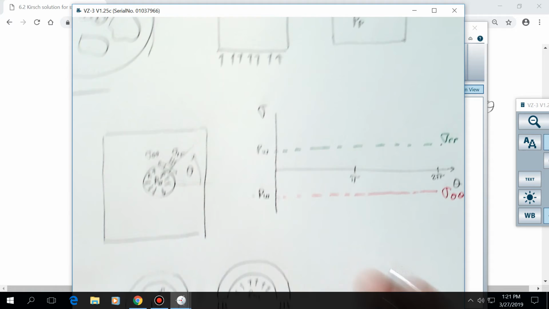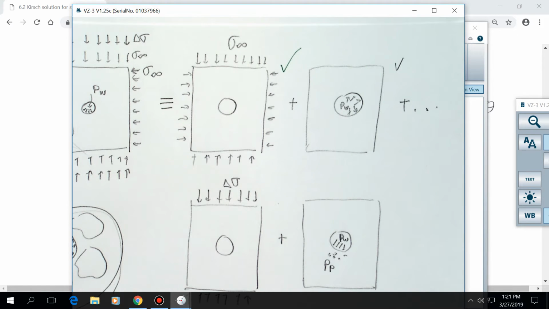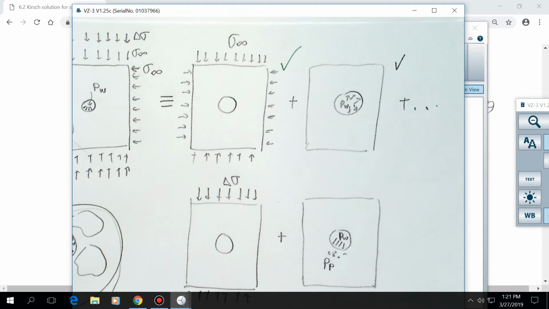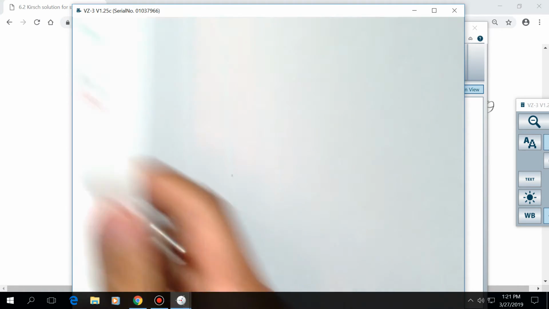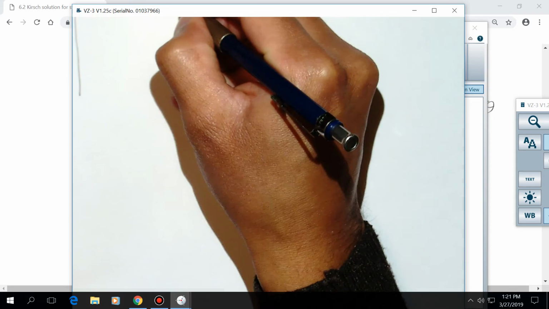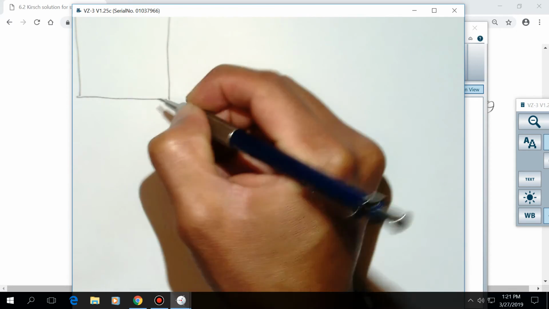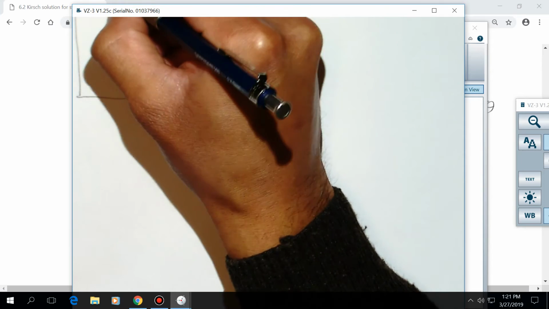All right, so this is this one, and now let's go and talk about this case. That case is similar to the first thing that we did when discussing wellbore stability.